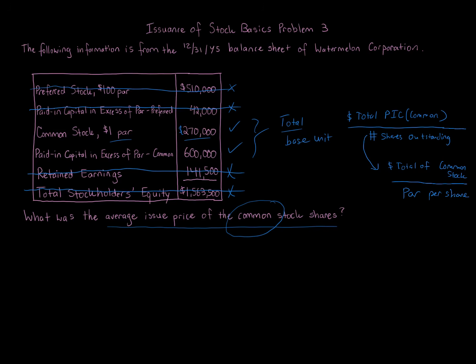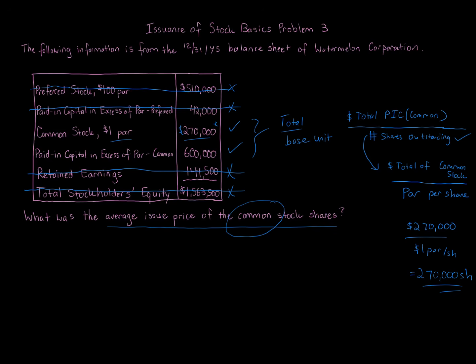So that's $270,000, this number right here, divided by $1 par per share. You're going to get 270,000 shares. Boom. We've just figured out the outstanding shares out there. So we've just gotten our denominator.